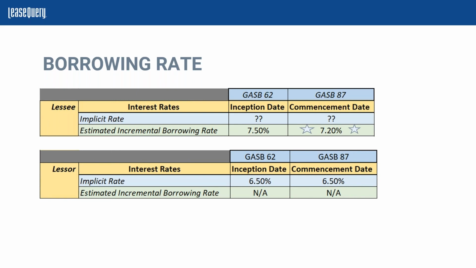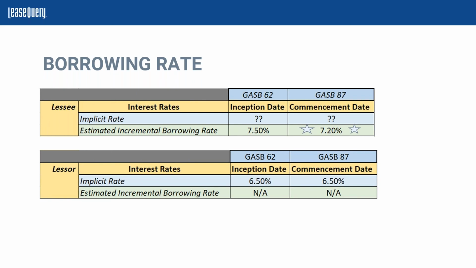Now, in assessing the market value, the lessor is also going to be required to understand any retained or expected investment tax credits, and this is going to be subtracted from that market value. So it's important to factor that into the assessment of the market value of the asset. And then finally, the lessor is going to need to consider any initial direct costs.